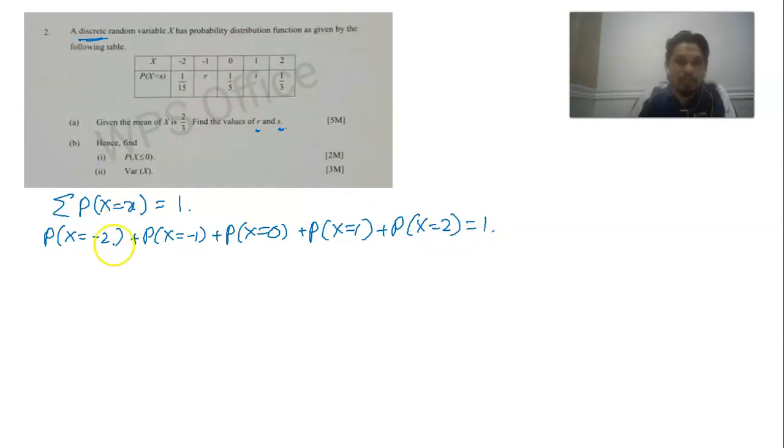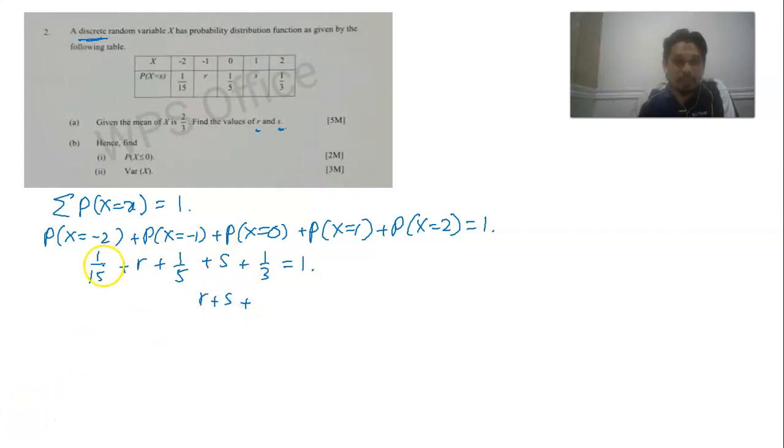One by one here, 1 over 15 plus r plus 1 over 5 plus s plus 1 over 3 equals 1.